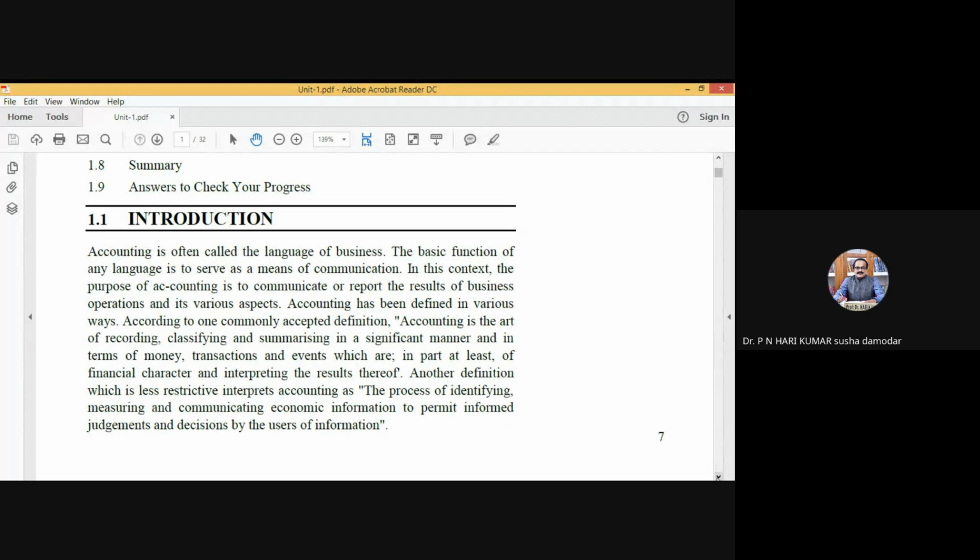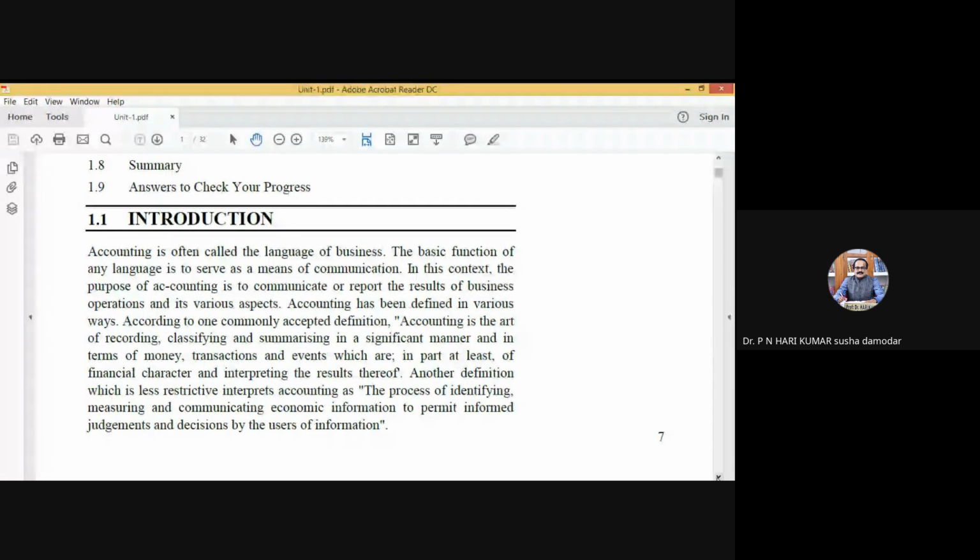Accounting is a language for communicating the result, or a systematic process, and that particular accounting system, language system, is used by some of the stakeholders for taking rational decisions. So that is why accounting for managers.